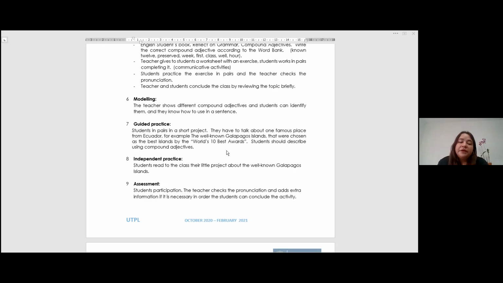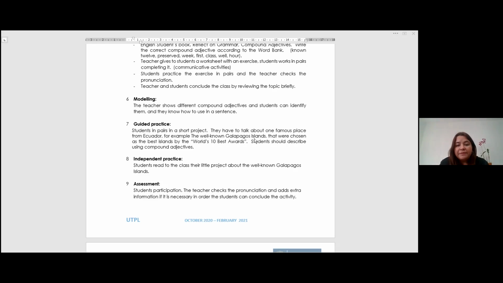This is a great activity for students. They have to talk about one famous place from Ecuador. For example, I choose the well-known Galapagos Islands. As you know, well-known is a compound adjective.